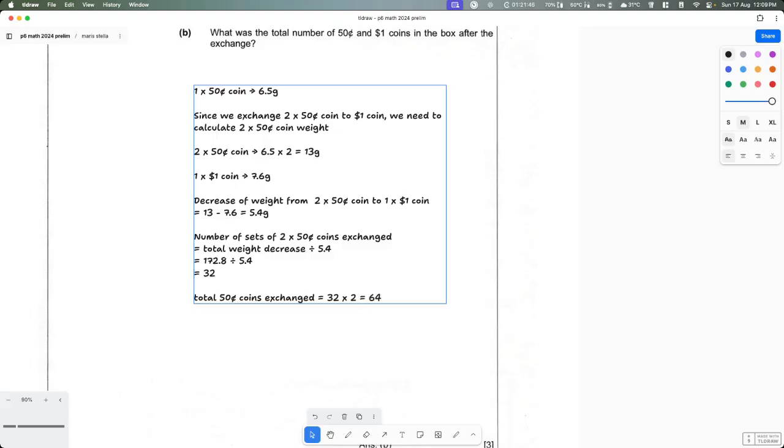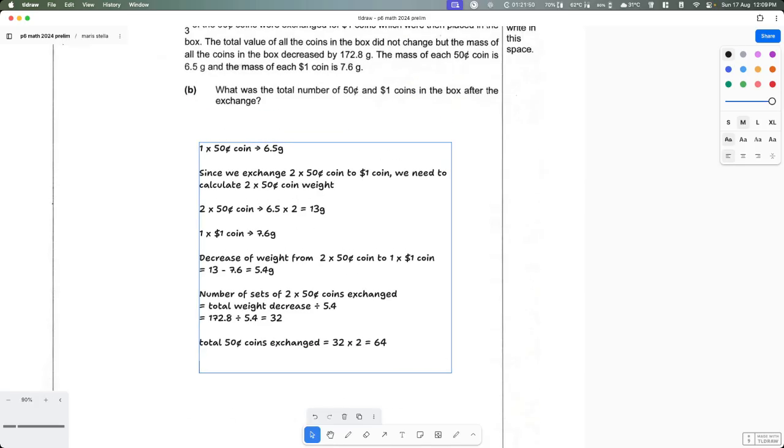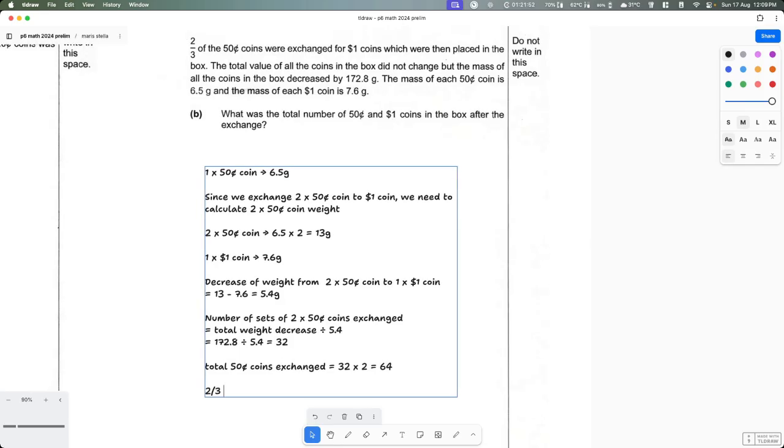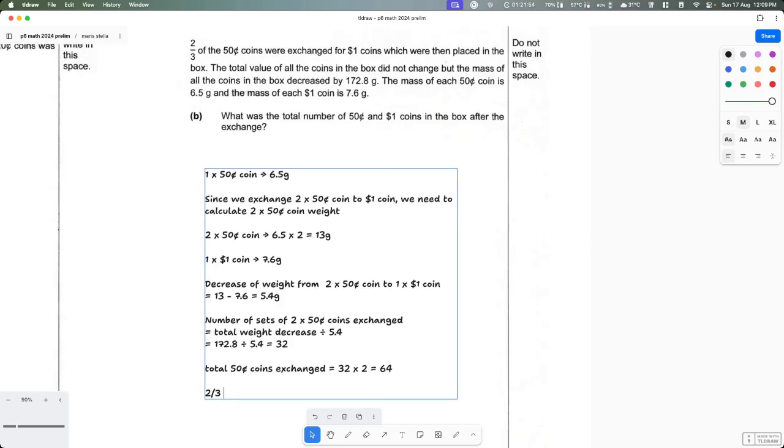Okay, so now we know how many coins are exchanged. We know 2/3. What's the total number of 50-cent and $1 coins after the exchange? So 2/3 of the 50-cent coins exchanged is equal to 64.